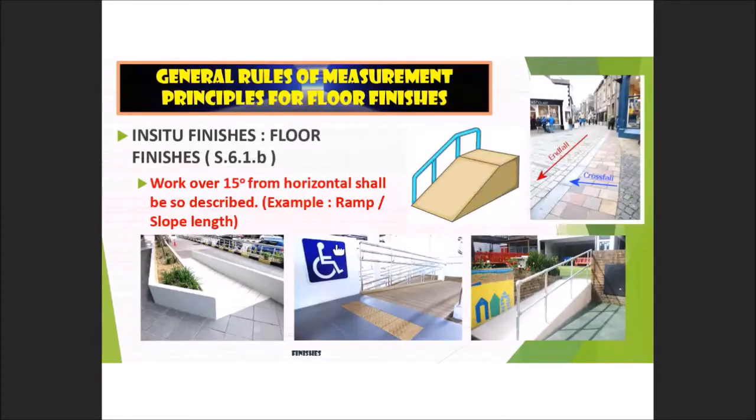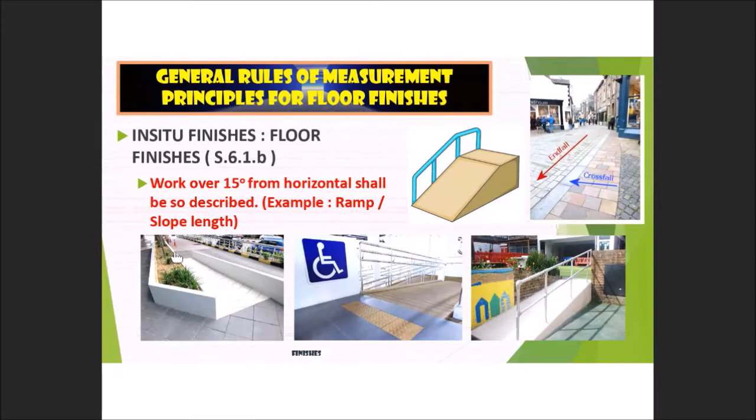Okay, as long as we have different categories of the slope. For example, maybe you have a ramp for OKU, or in English we call this one disability. In Malay we call this one OKU, orang kurang upaya, in Malaysia. So you can see that next to the pavement, there are ramps.